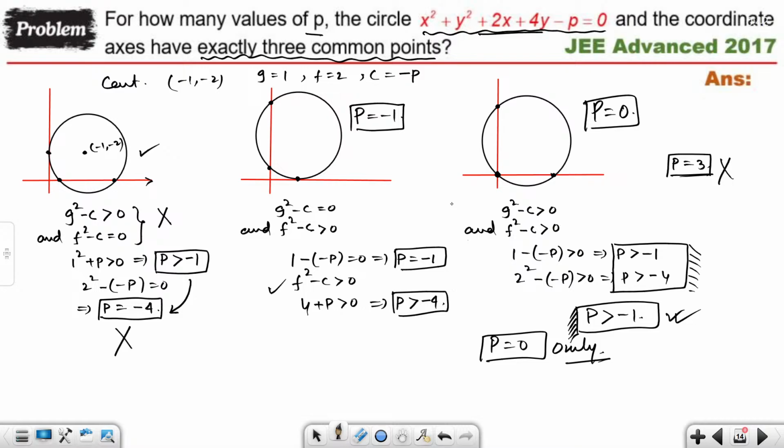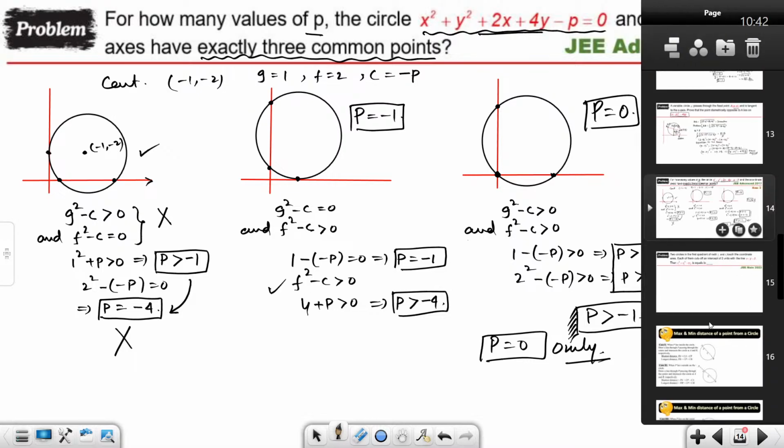So there are only two possible values of P. That is, for the given condition in the question, there are two such possible circles. Is it clear to all? Therefore, there will be two values of P which satisfy our given case. Is it clear to all of you? Absolutely? Okay.